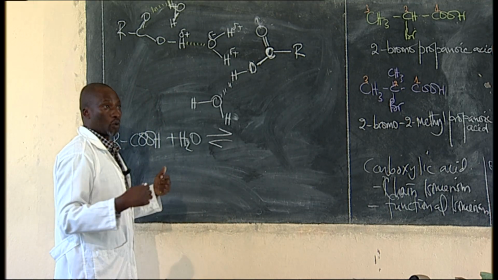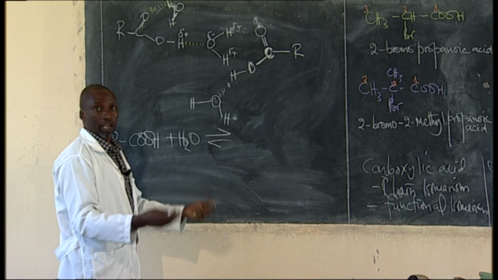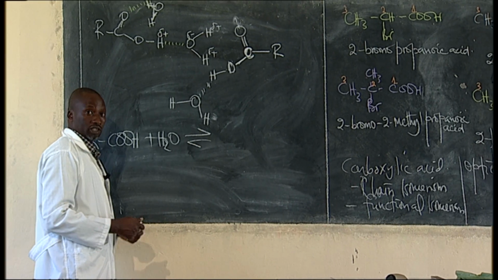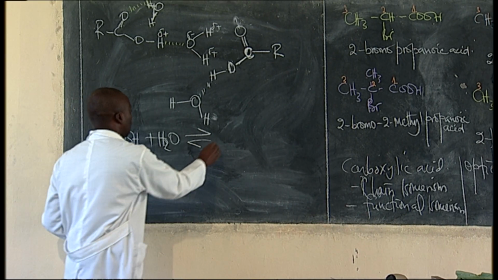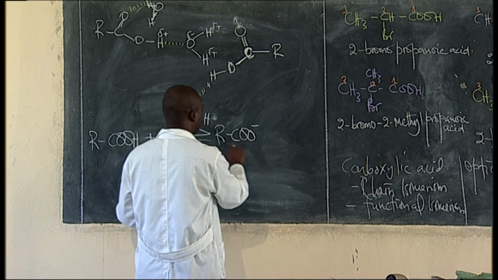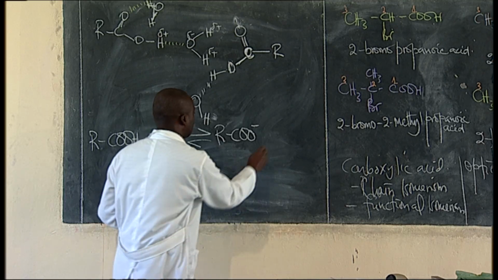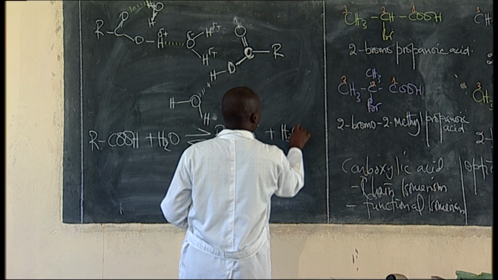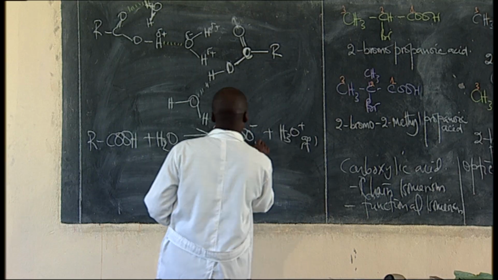Weak acids partially ionize, so that is why we are using partial ionization. So it will form the ethanoate, the carboxylate ions, plus the hydroxonium ions in solution.